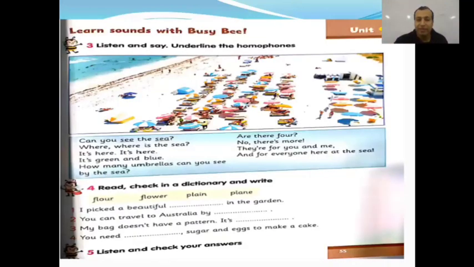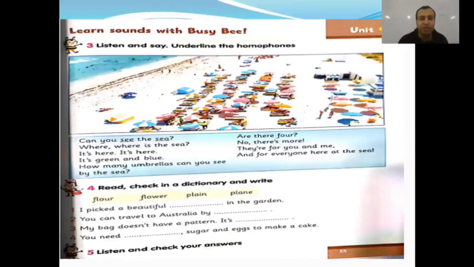Here we have some sentences and some questions which have the homophones. Let's practice saying them together. While I'm saying them, I want you to underline the homophones. You ready for that? Can you see the sea? Where is the sea? It's here. It's green and blue.